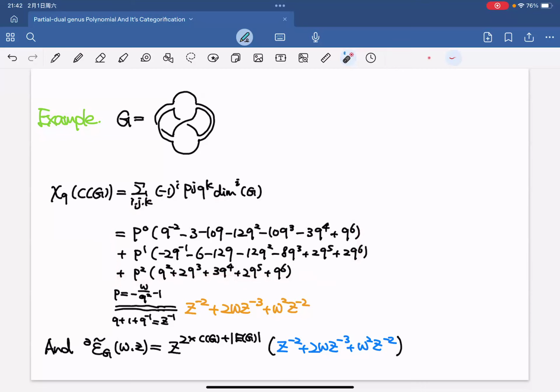A little complicated, but if we take P in this form and J inverse to be Q plus 1 plus Q inverse, we will find that the Euler characteristic is equal to this one. And this is nothing but, if we do not consider the fixed term, these two parts are equivalent.